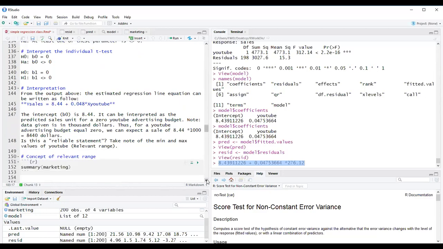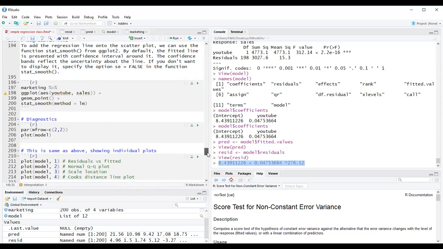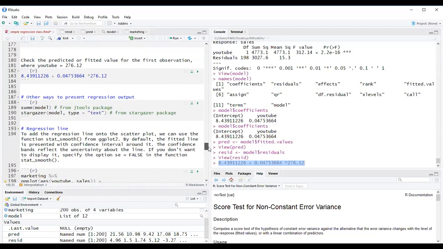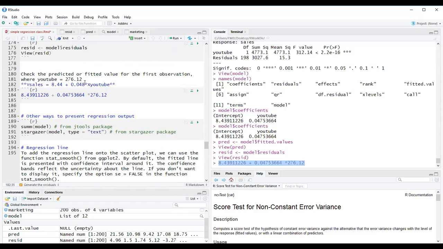Anyway, so, I went back to our equation. Let me copy this, Control C, so it's clear. What I'm doing is I'm predicting the value of sales, because sales is what we're predicting. Let me remove this X because it's confusing.